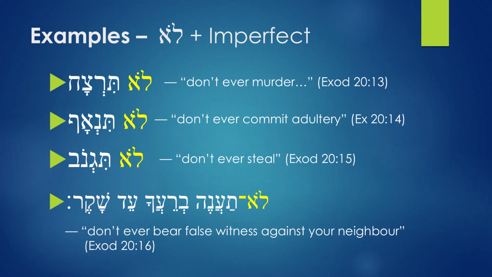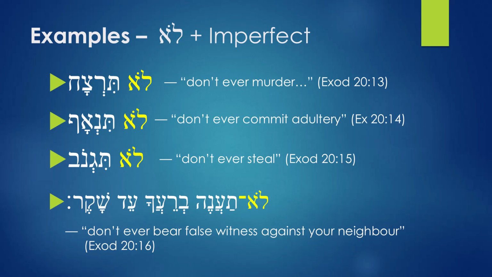Another example is this. Lo tignov. Tignov is coming from ganav. Ganav means he stole. So you're talking about stealing, to steal. So lo tignov. Again, tignov is in the imperfect tense.